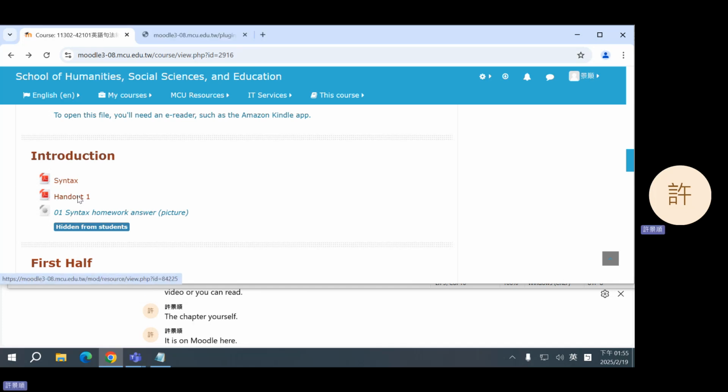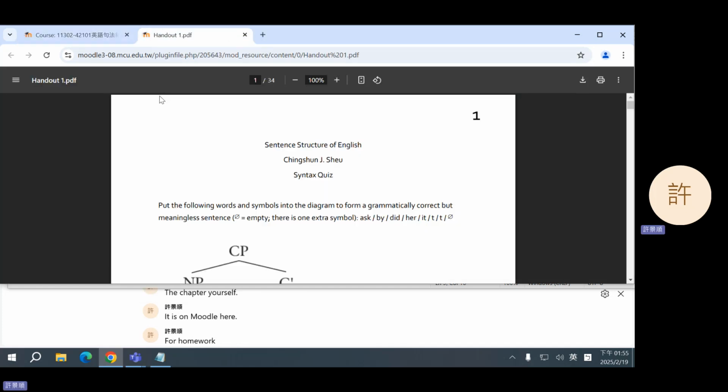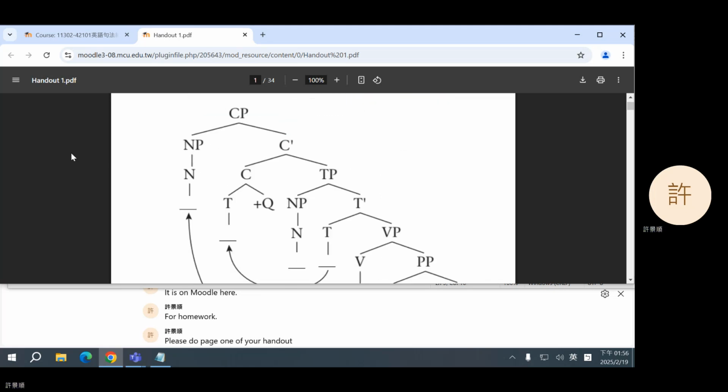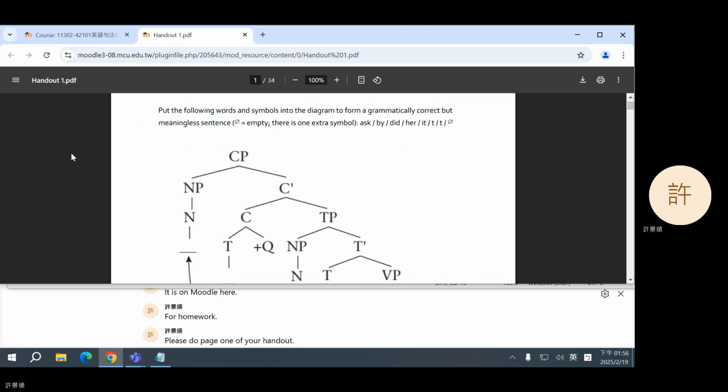For homework, please do page 1 of your handout. Fill in the blank. These words should be put together in some way to form a grammatically correct but meaningless sentence. The grammar is correct and the meaning is nonsense.